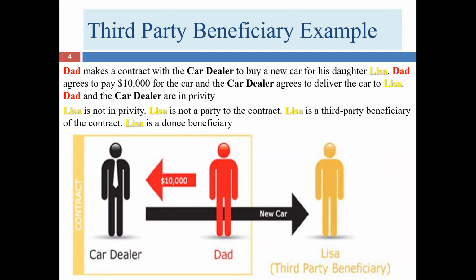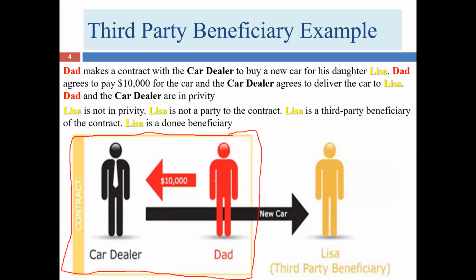But the contract, we can see, is actually not involving Lisa directly. Lisa has no obligations in the contract. She doesn't have to give the car dealer any money. She doesn't have to give anybody any car. She has no obligations. The dad does, though. He has to give the $10,000 to the car dealer. If he doesn't give the $10,000 to the car dealer, the dealer is not going to give Lisa the car.